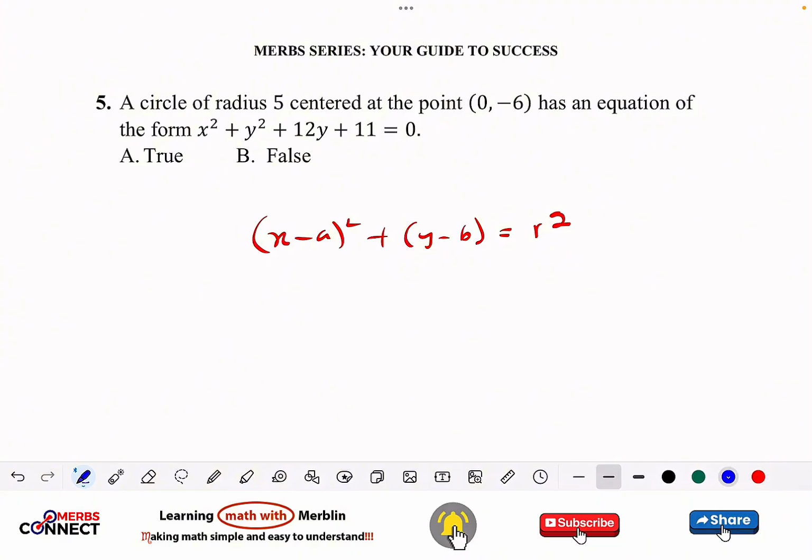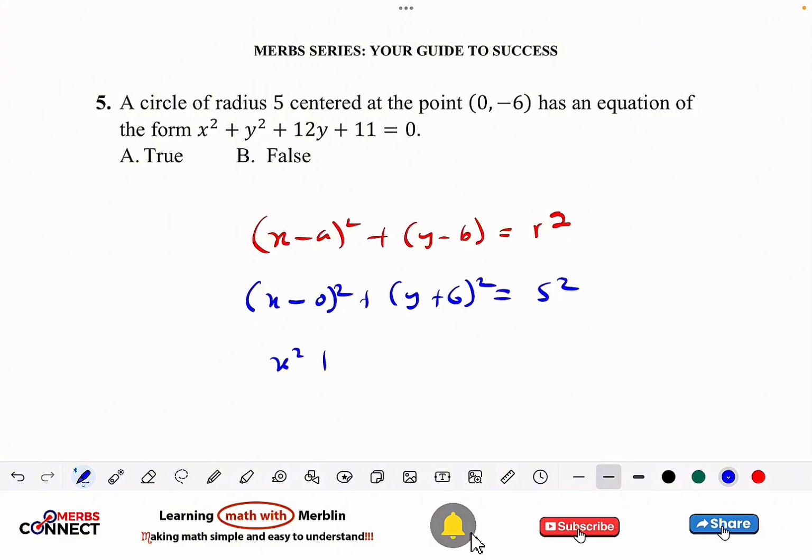Another way that we can do this is we can try and use this one to find the radius and then the center. Any of them works, but let me go through this one first. Maybe when I finish, I'll show you this one too. So x minus 0 squared plus y plus 6 squared is equal to 5 squared. So x squared plus, when I expand this, I'm going to have y squared plus 12y plus 36, which is equal to 25.